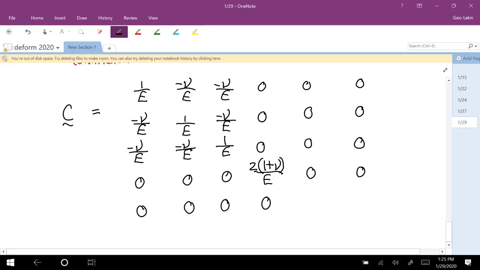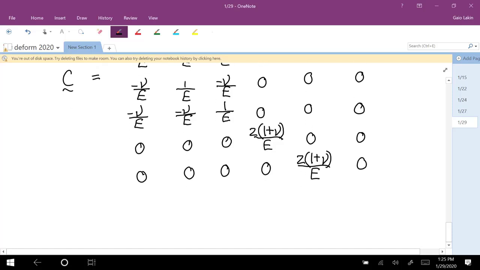So the 5th row has 4 zeros, and then the quantity 2 times the quantity 1 plus nu over E and a 0. And then the last one has 5 zeros, and the last element is 2 times the quantity 1 plus nu over E.